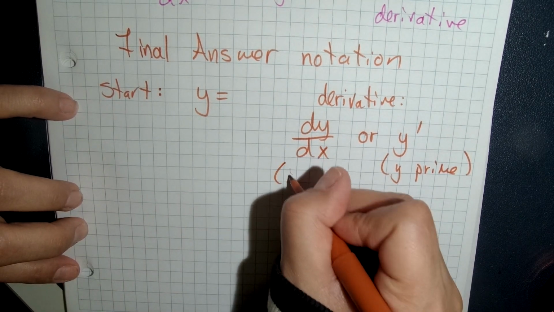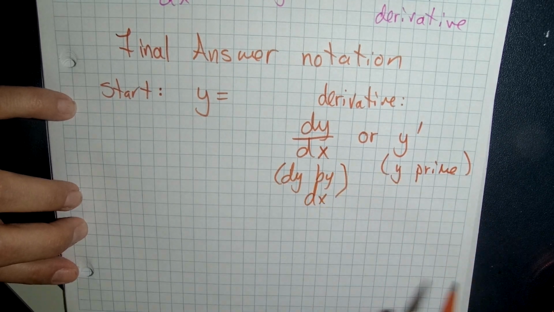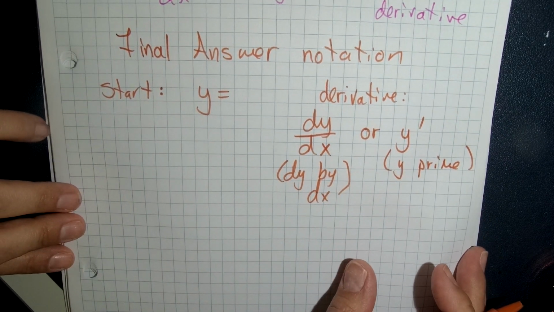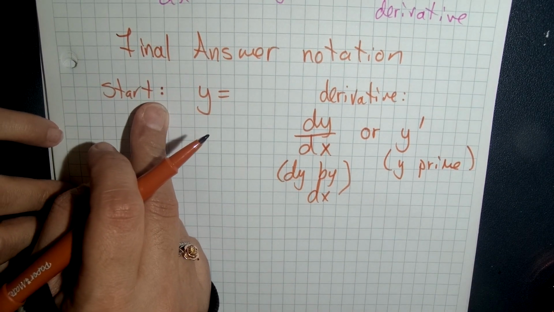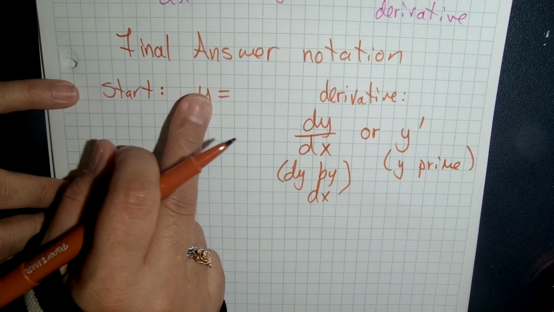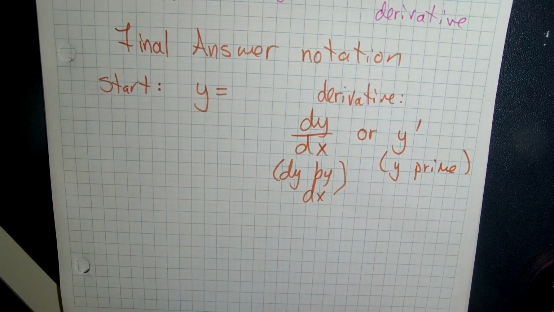And this is dy dx. So this is if we start with y equals, t equals, s equals. We have to make sure that we're using these specific rules or notations.